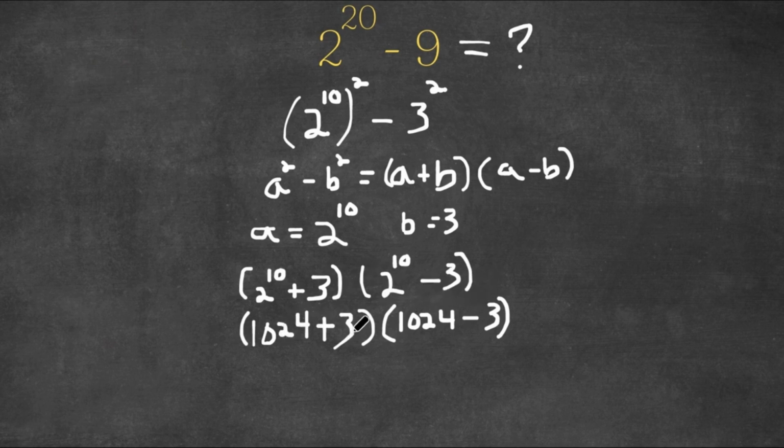Now, 1024 plus 3 is 1027. And 1024 minus 3 is 1021.